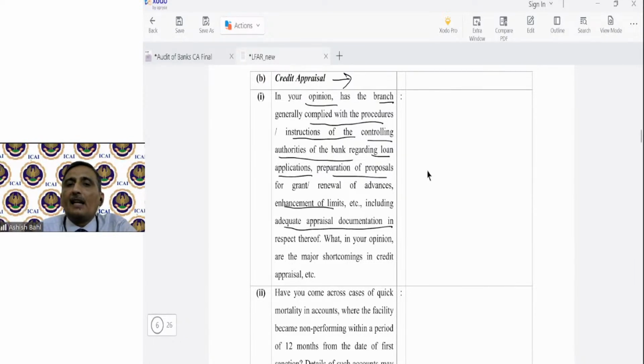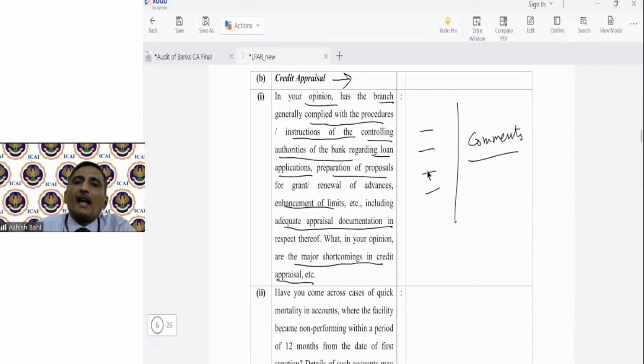What are, in your opinion, the major shortcomings in credit appraisal? The auditor would have to give comments here. If he has not found any shortcomings, he would simply write, no major shortcomings have been noticed. If some shortcomings have been found, he would say that on my test check, these shortcomings have been found.